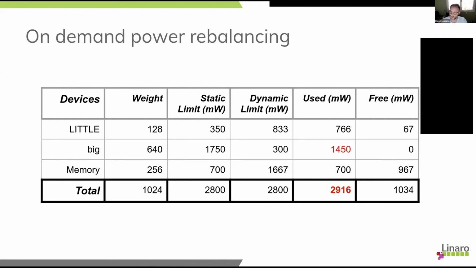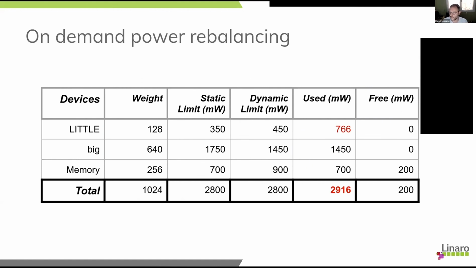We are violating this constraint, and now the big has to take back the power it gave to the other sibling. Then we go back to the dynamic limit. We set the dynamic limit, and we see what is used and unused. So we see now the big has come back, it is fulfilling the constraint, and we still have 300. So we can dispatch that.